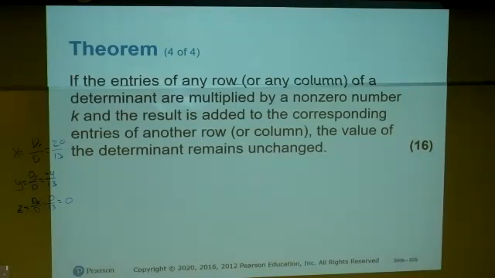So you're not going to change the determinant simply by using row operations to change the numbers.